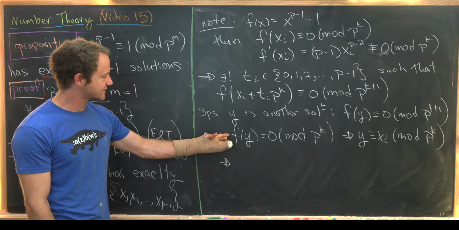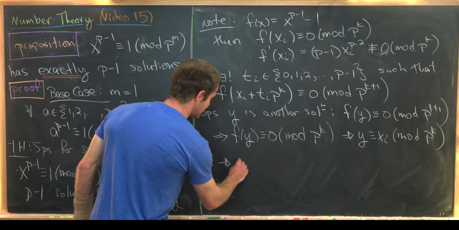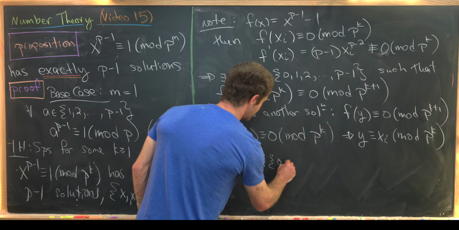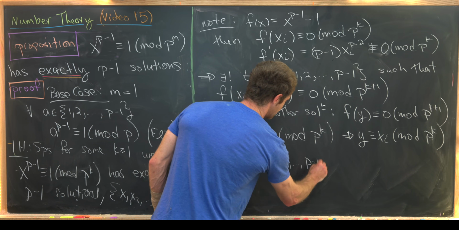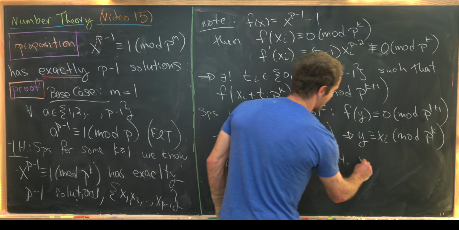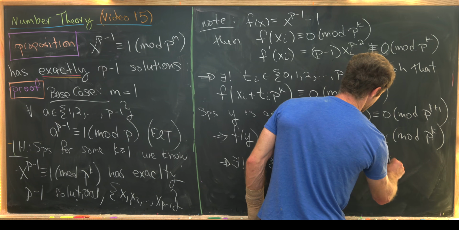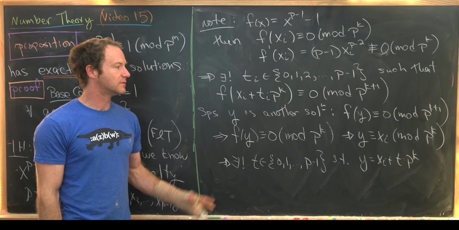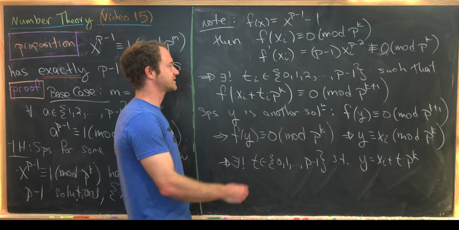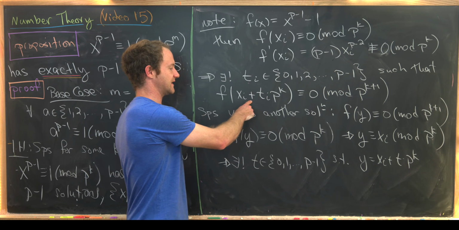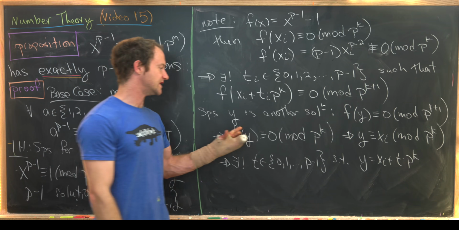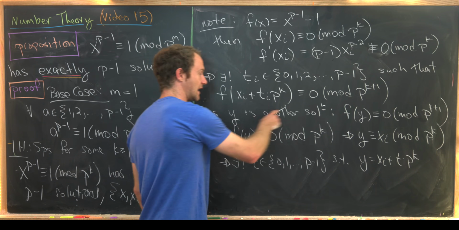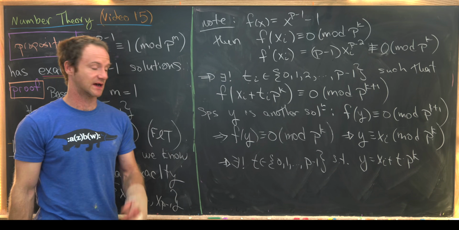But now building Hensel's Lemma back out of this, that means there exists a unique, I'll call it t, from the set 0, 1 up to p minus 1, such that y equals xi plus t times p to the k. But let's see what we've done. We used Hensel's Lemma to create a ti for the xi, and then we used it again to create a t for this y, which happened to be congruent to xi.